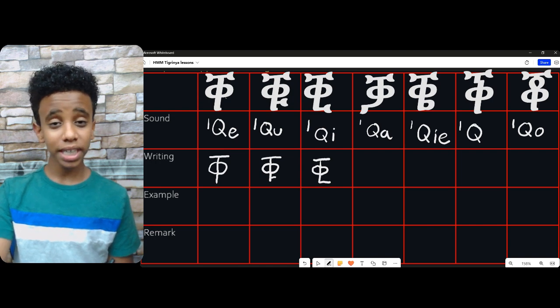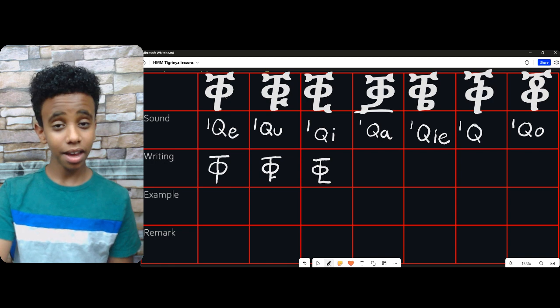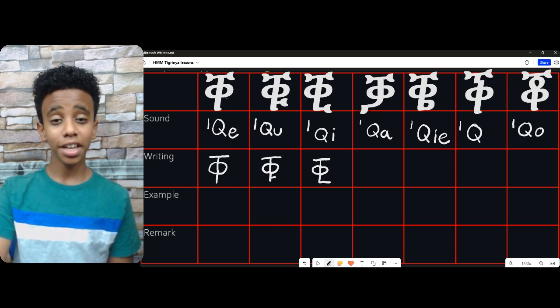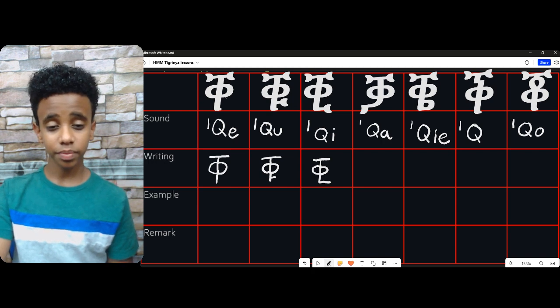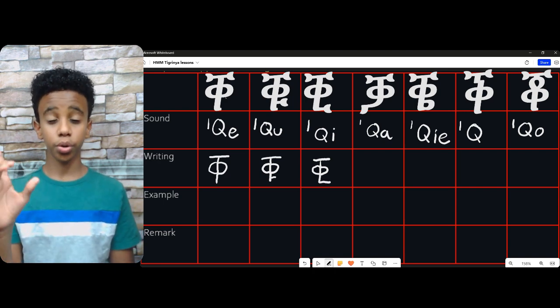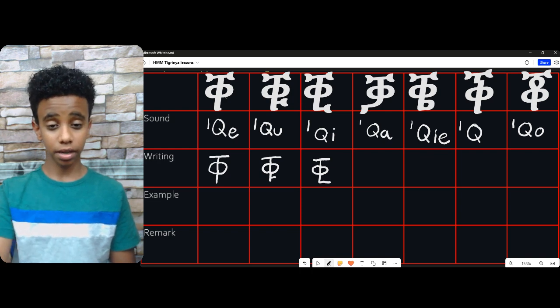Our fourth letter is the letter qa. If you were to write the letter qa in Tigrinya, the first thing that you would do is make an L, but reversed. So it would be a flipped L on this side.